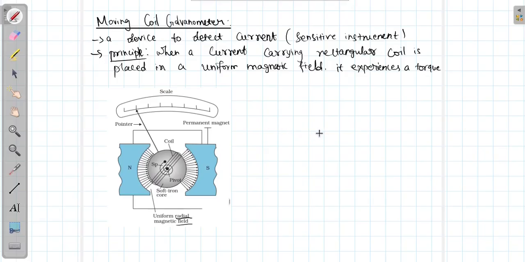Okay, now we'll come to the oscillation point. See, when the current is flowing, it produces a rotation. It means that the spring is experiencing a restoring torque.